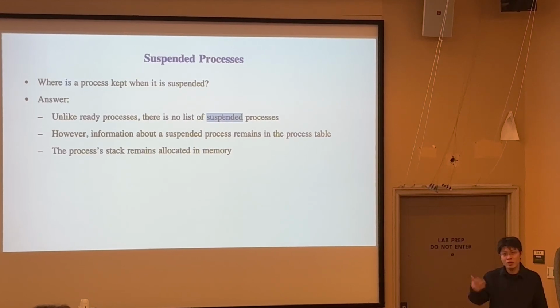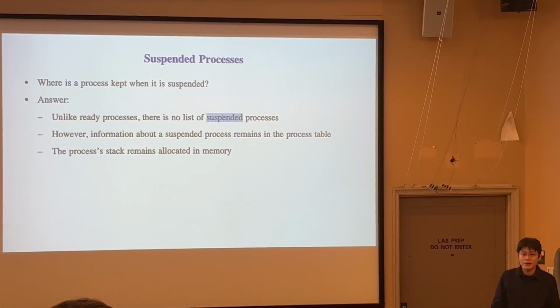Right? You have 8 processes. You scan the entire process table to find which ones are suspended. But that's not recommended. You are directly manipulating the kernel data structure, skipping system calls. So you likely want to avoid that. You don't want to directly manipulate the kernel data structures.